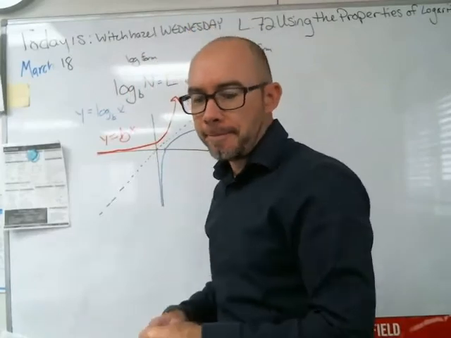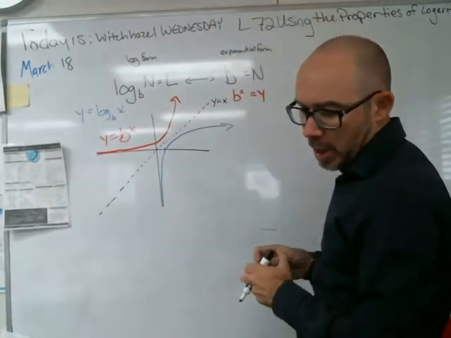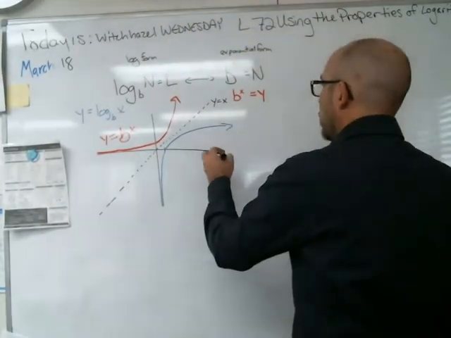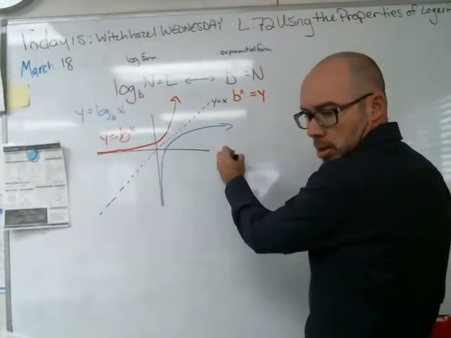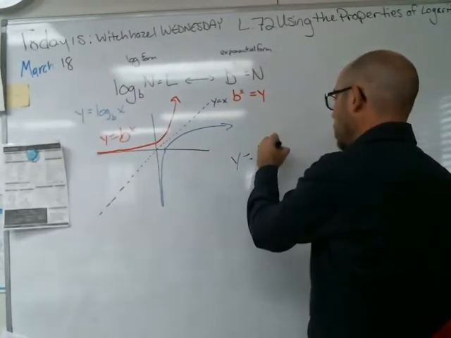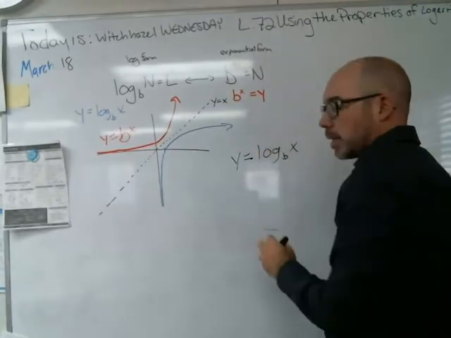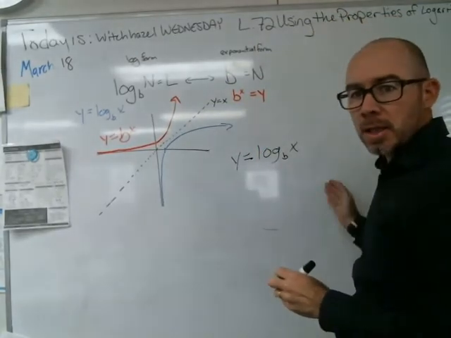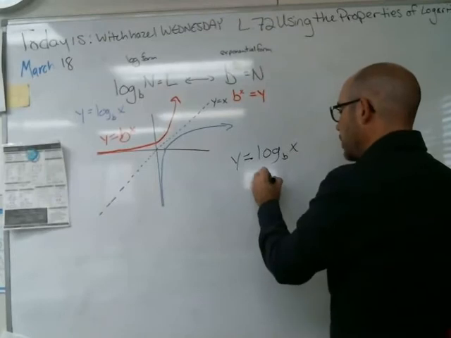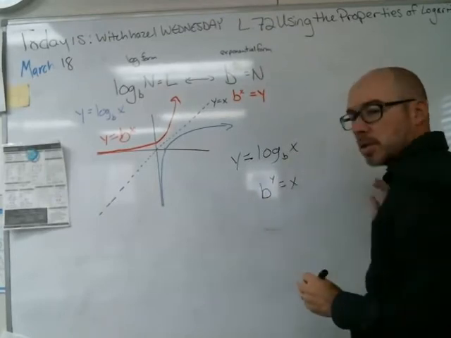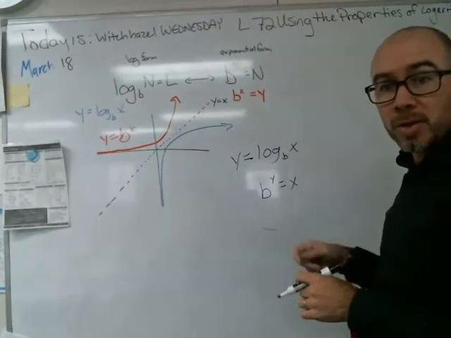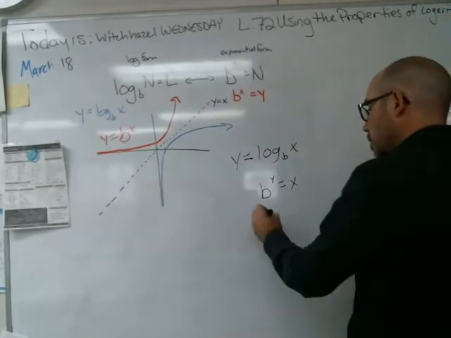Let me demonstrate that. Okay, if we take the equation y equals log base b of x, and then we change that into the exponential form, that would be b to the y equals x. And remember how we go and find inverses? We're going to switch the x's and the y's.